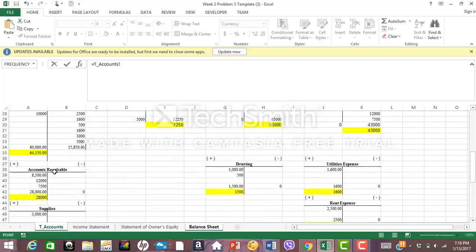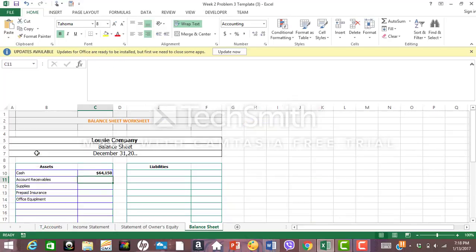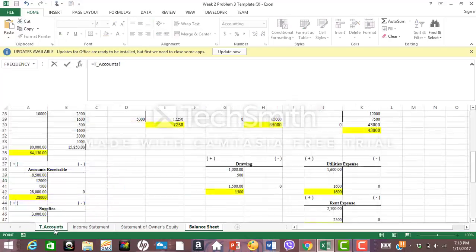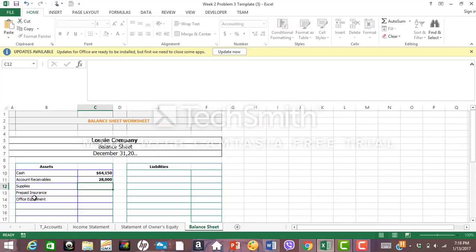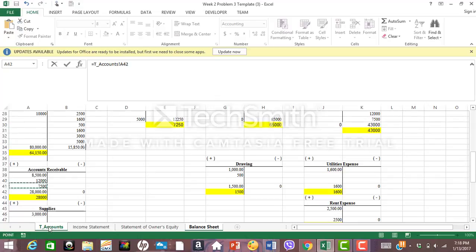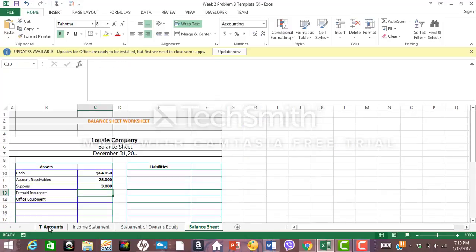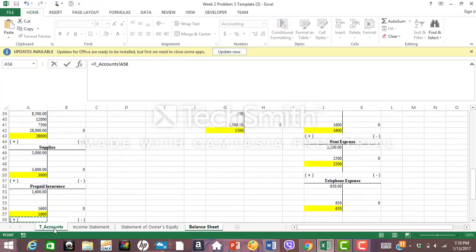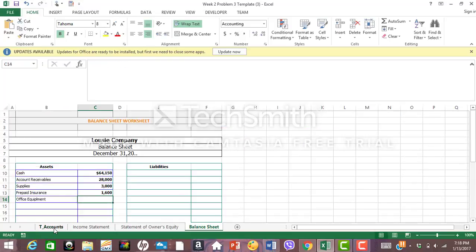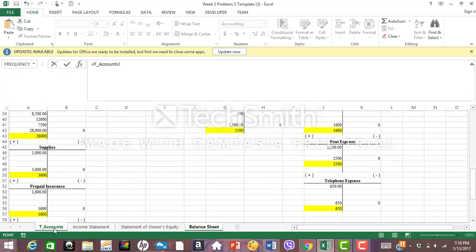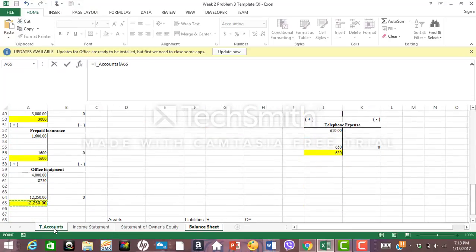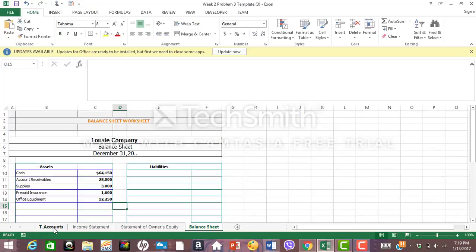The amount of cash is 64,150. The amount of accounts receivable is 28,000. The amount of supplies is equal to 3,000. Prepaid insurance is equal to 1,600, and then office equipment is equal to 12,250.